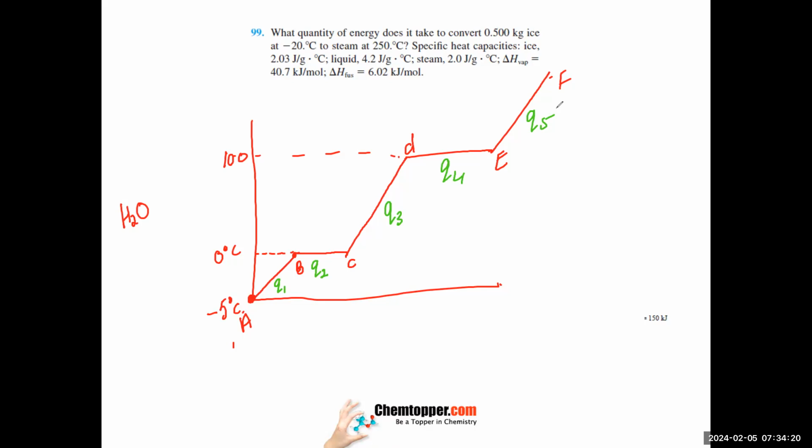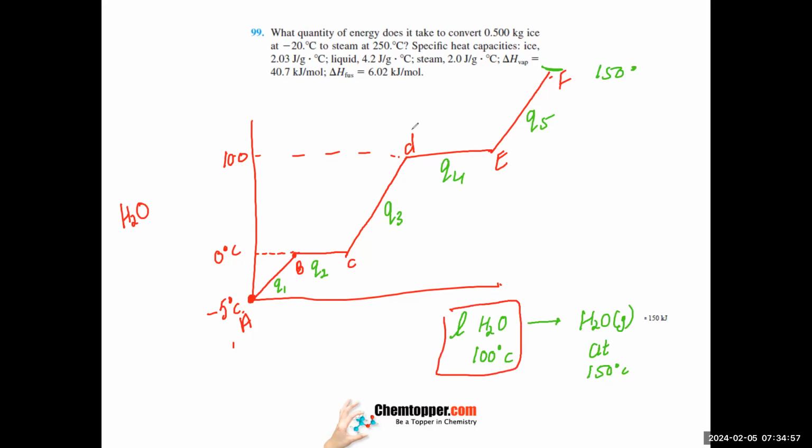Now the question is like this. There is liquid water at 100 degrees Celsius and you want to convert that into H2O gas at 150 degrees Celsius. So how much heat is needed? What are you going to calculate? Liquid water is where in this line?